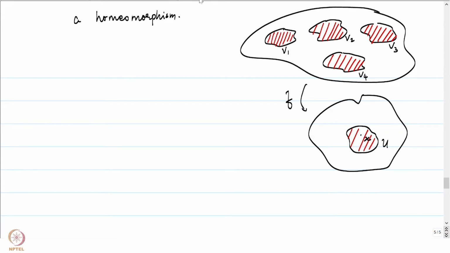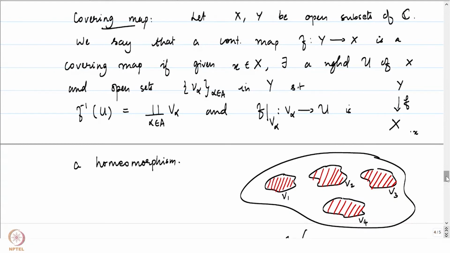So let me go over the content of the definition to pinpoint certain key aspects of such a covering map. The first observation is that given any point y, we have a neighborhood V alpha of that point y, where f restricted to the neighborhood is going to be a homeomorphism. In particular, a covering map is going to be a local homeomorphism, and the results that we proved in the last lecture will be applicable to such covering maps.